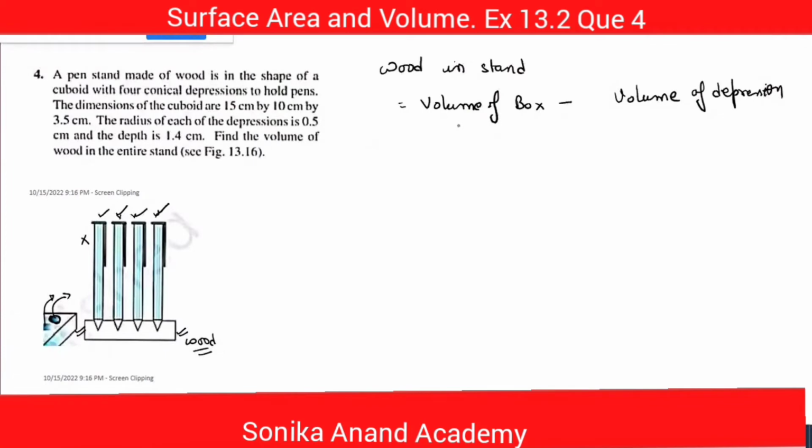So volume of the box is in the cuboid shape. So we have to use volume of cuboid, and 4 times depressions. Now depressions, you can see these are in the form of cones. This is only the depression. So volume of cone.